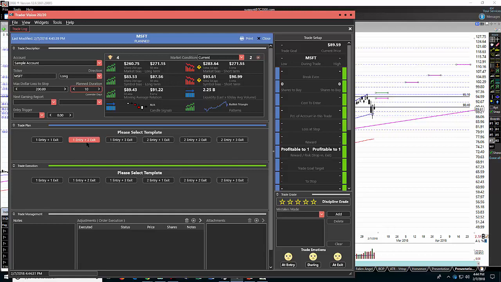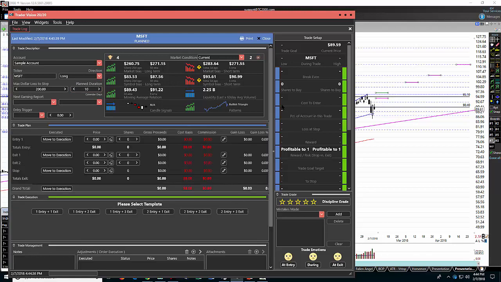Let's just do, for argument's sake, a couple of entry or a couple of targets. If we were to buy in about, let's just call it 97.03 with a stop down here, let's call it 95. Let's be tight.